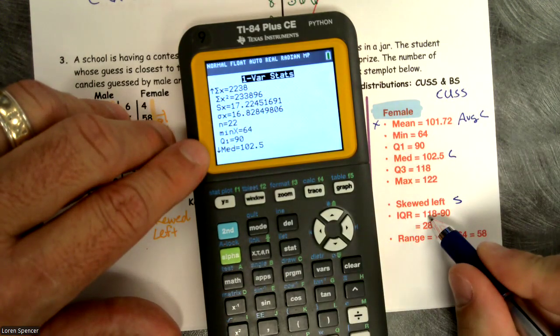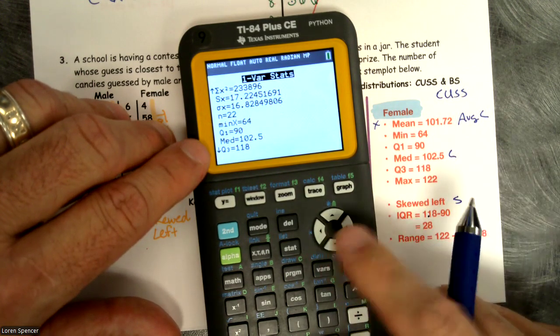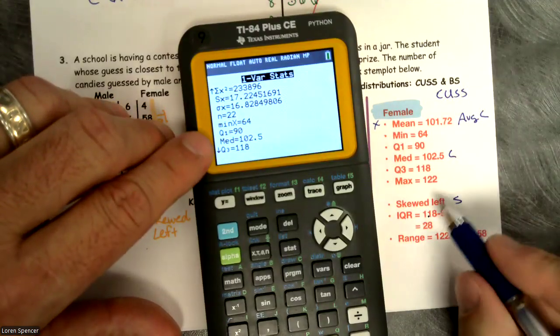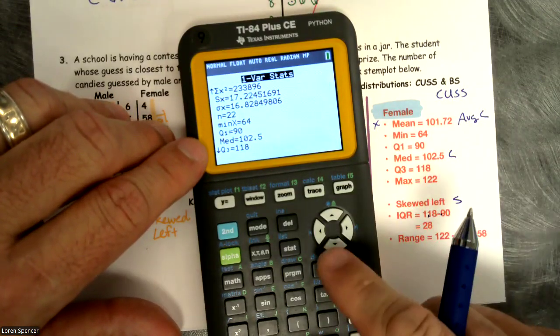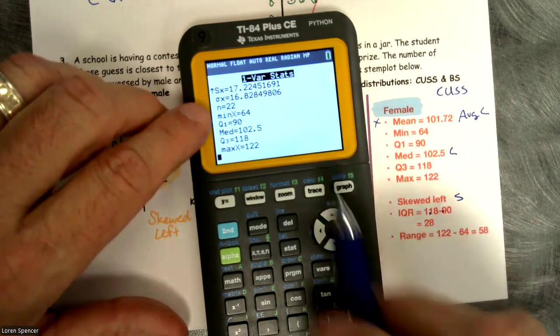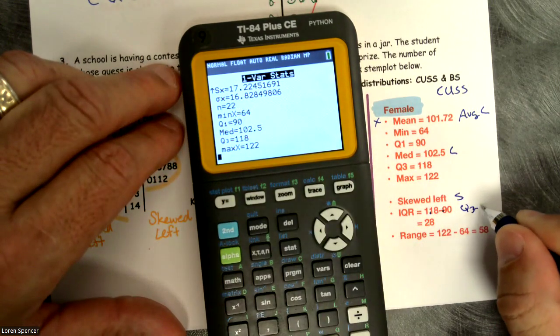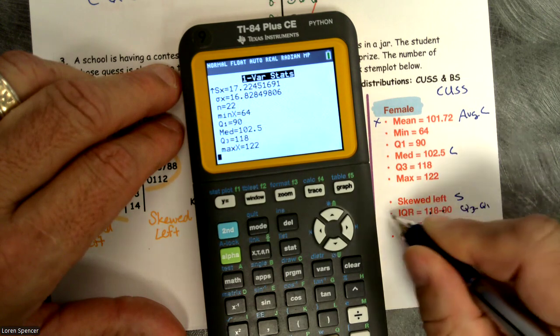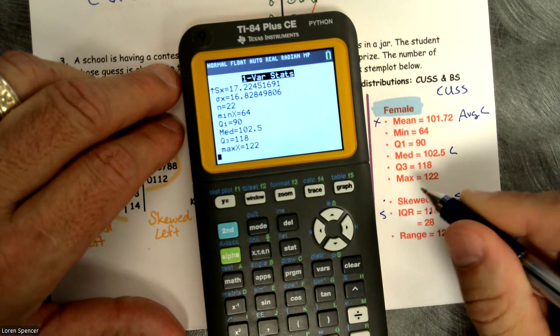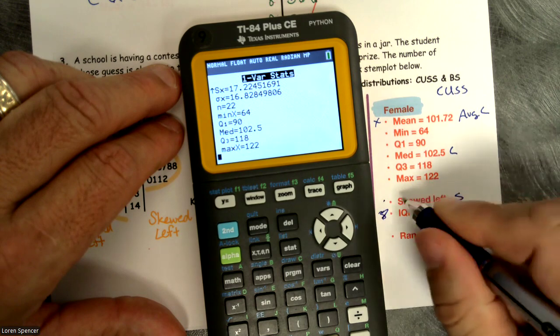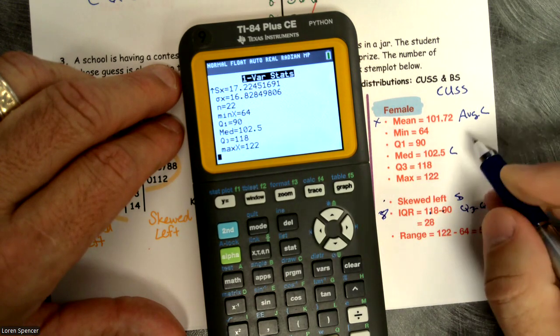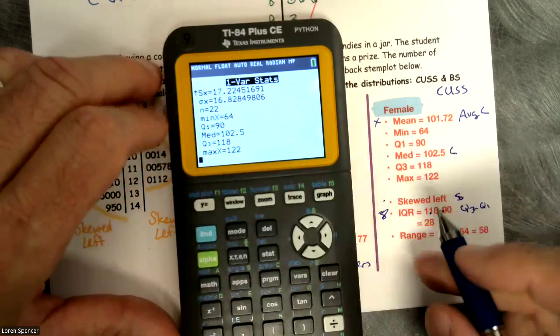This is Q3 minus Q1, 118 minus our Q1 of 90. Remember, just Q3 minus Q1. That's spread. So this is center, spread, and this is shape.